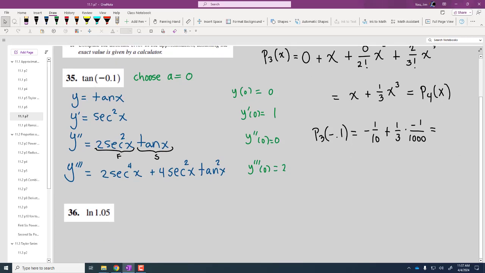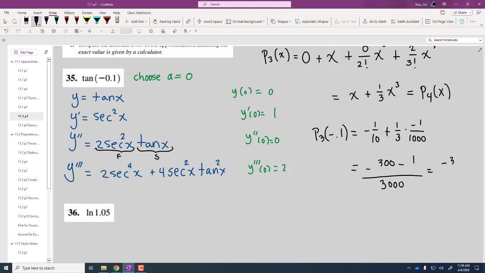I guess we're going to multiply this one by 300 over 300. So we're going to have negative 300 minus 1, all divided by 3,000.